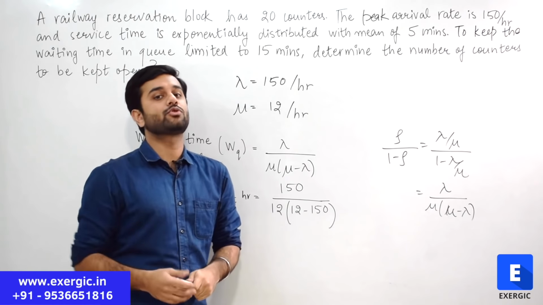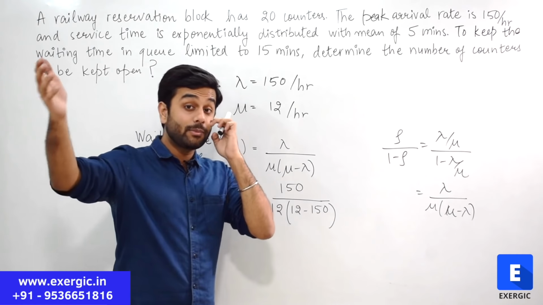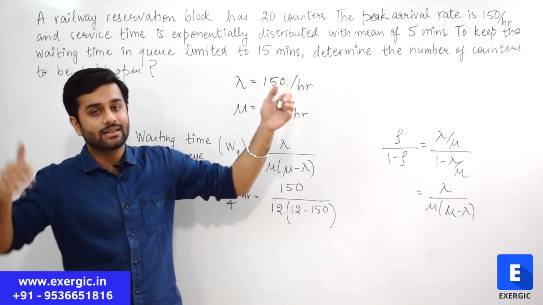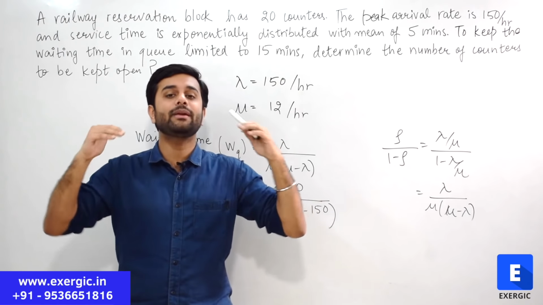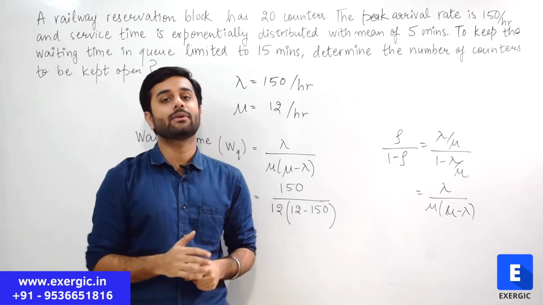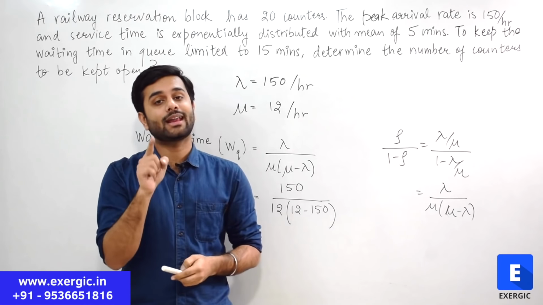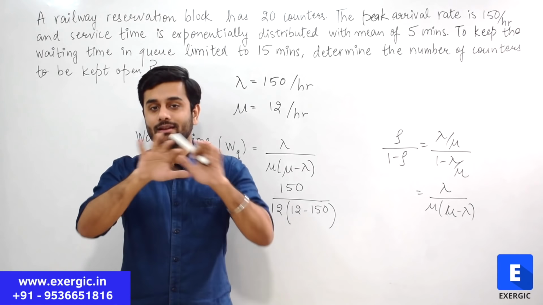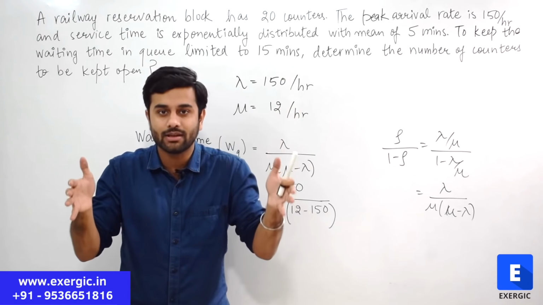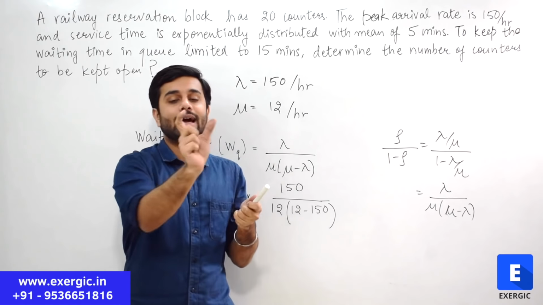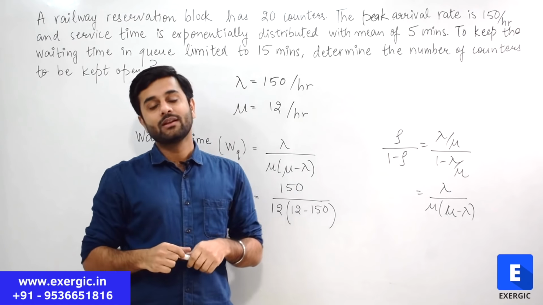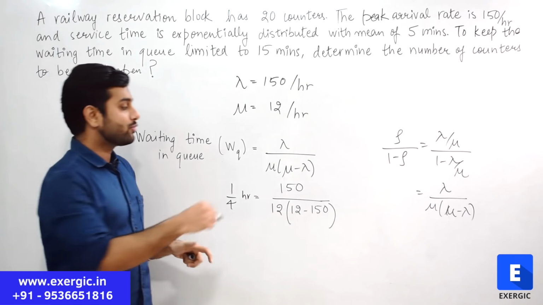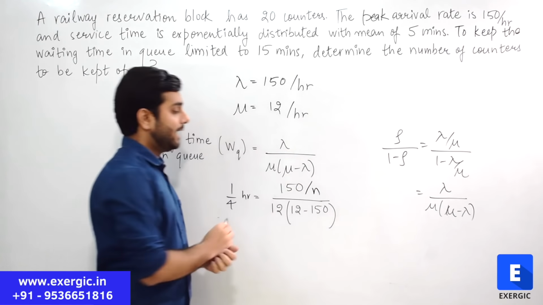Think conceptually: if 150 people are coming every hour, this is the net arrival rate, how many people are coming per hour in peak hours. That is not the arrival rate per counter, that is the total arrival rate. In totality how many of them are coming, obviously they will be divided at each counter, right? So the arrival rate per counter is going to be 150 divided by n.